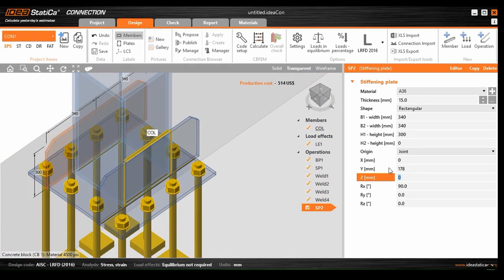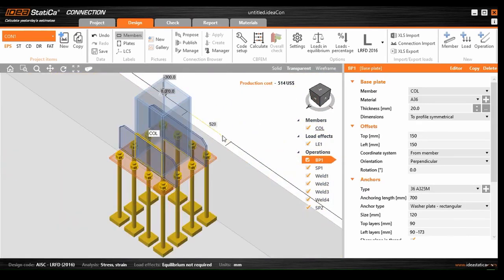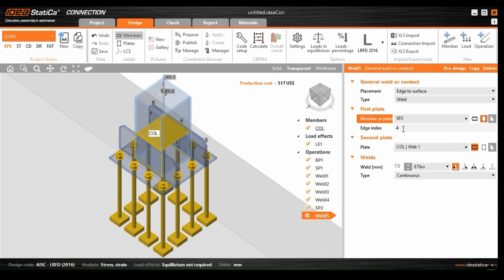Then we should create all the welds for SP2, likewise the SP1. So create a copy of all 4 welds above and change the parameters as I changed them. Okay, create a copy of weld 1. Change this one to SP2. Column weld 2, okay. Copy of weld 2.